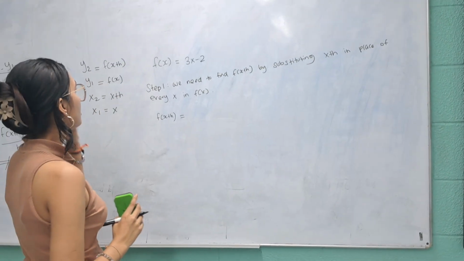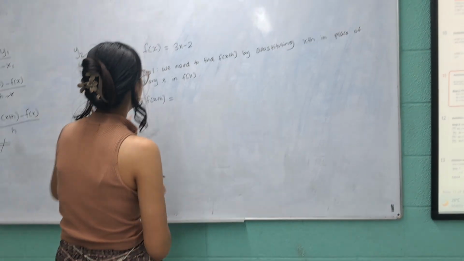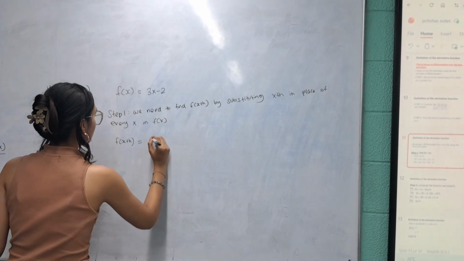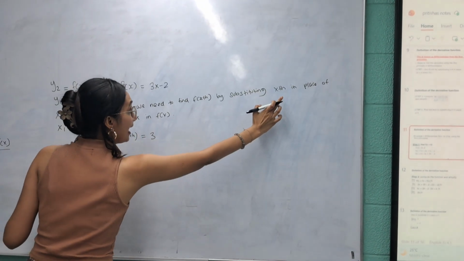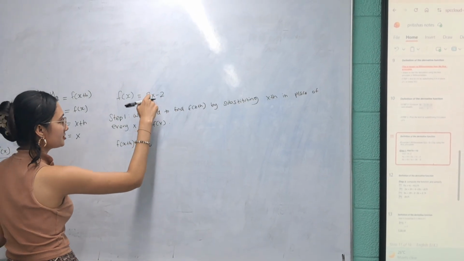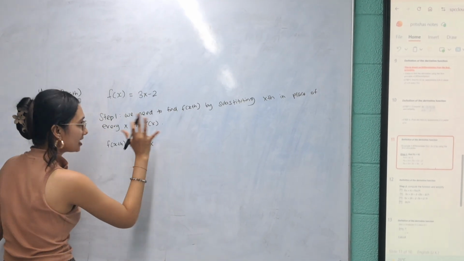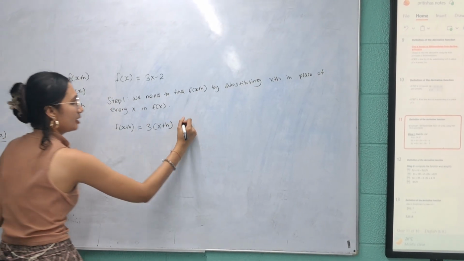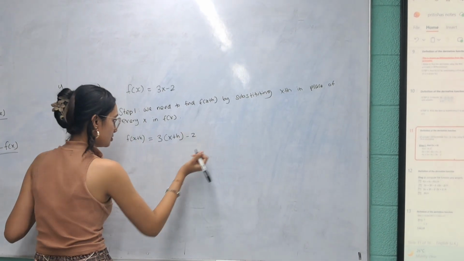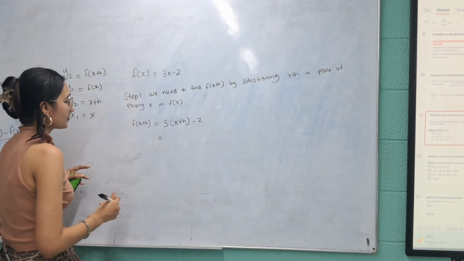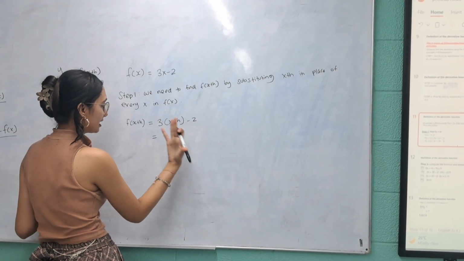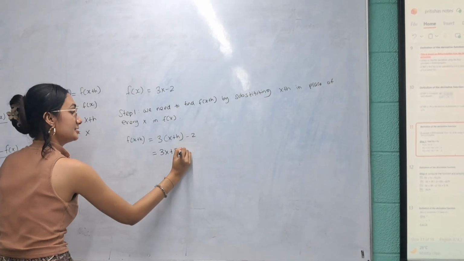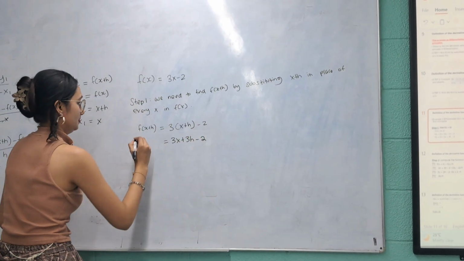So in this expression, we can see that there is only one x given. So basically, we will substitute x plus h in place of this x. So 3x will become 3 into x plus h minus 2. After expanding, we will get 3x plus 3h minus 2.